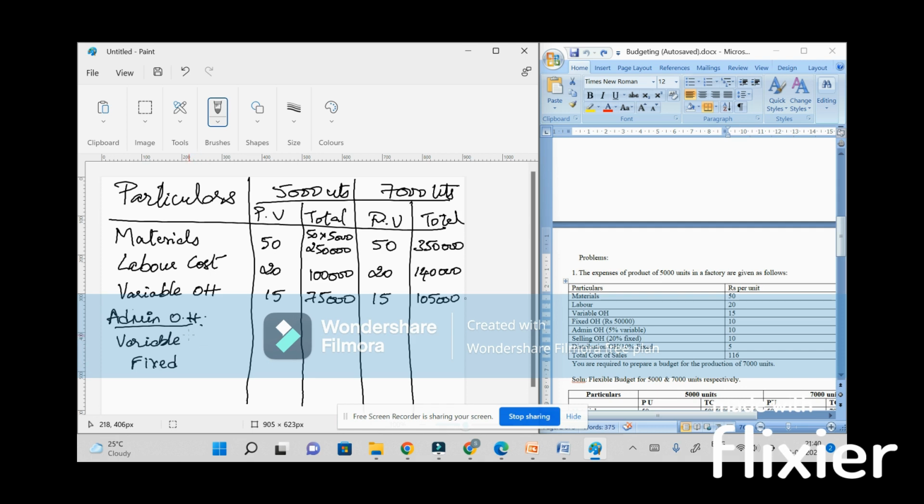In terms of variable, it has been given for 10 rupees, 5% variable, and the remaining 95% is going to be the fixed cost. So 5% of 10 rupees is going to be 50 paise, and for fixed cost, 95% of 10 rupees is 9.5. So 0.5 into 5,000 units is 2,500, and 9.5 into 5,000 is 47,500.